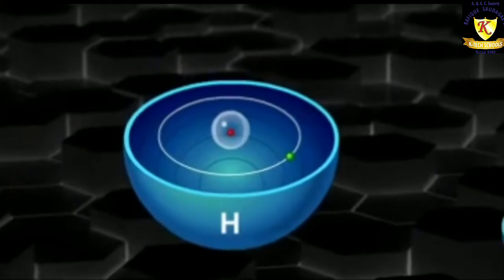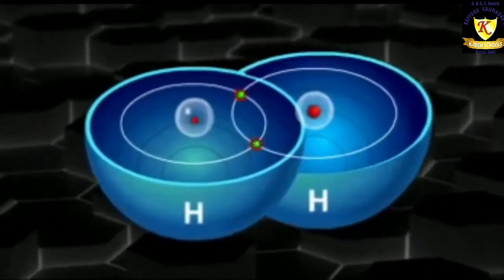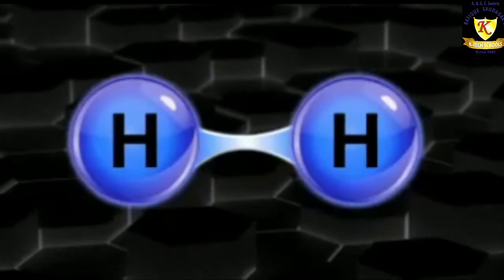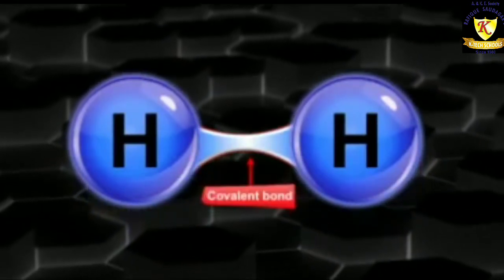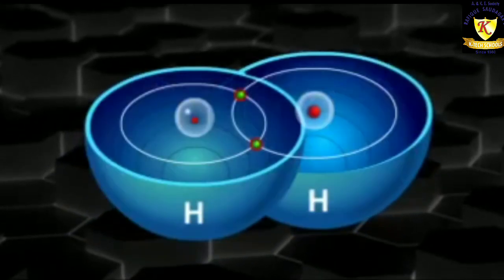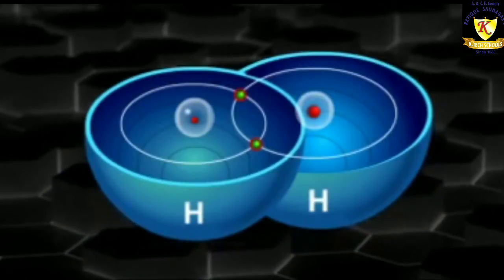To meet this requirement, 2 hydrogen atoms share their electrons with each other to form an H2 molecule. One covalent bond, that is a single bond, is formed between 2 hydrogen atoms by sharing of 2 electrons.